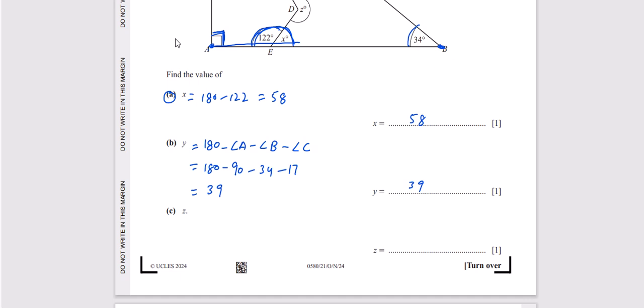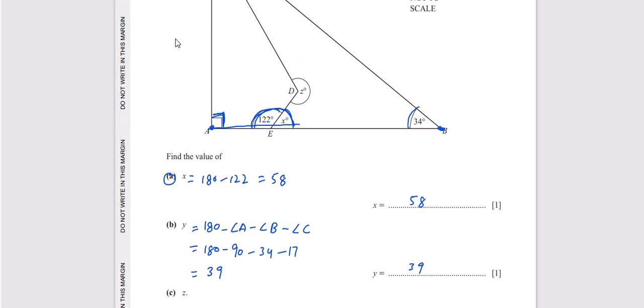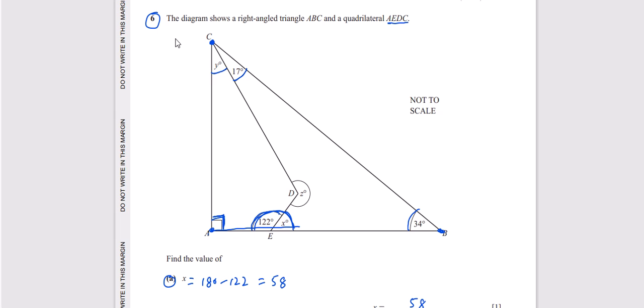Now find the value of z. z is here, this point is z. Now we use the quadrilateral, the points are C, Z, E and B. In a quadrilateral there are 4 angles. The sum of these angles in a quadrilateral is equal to 360.